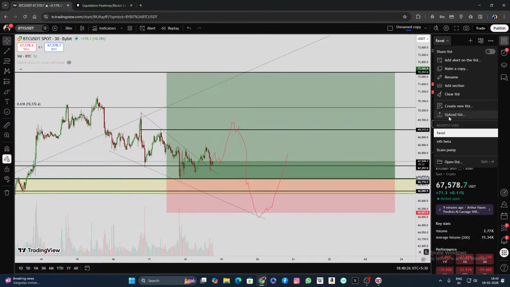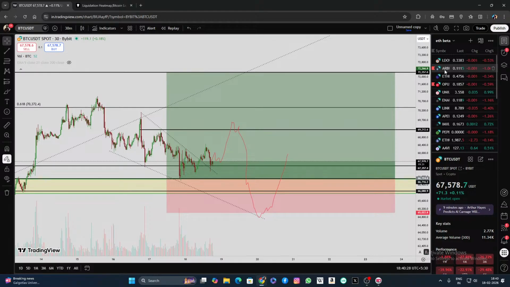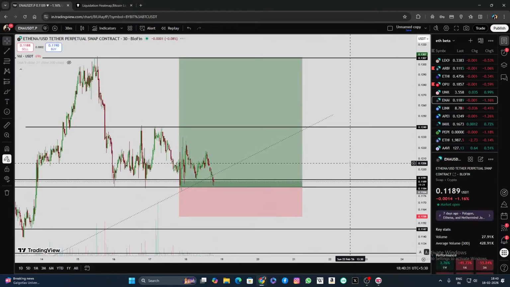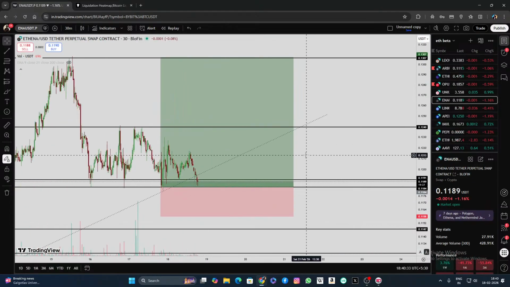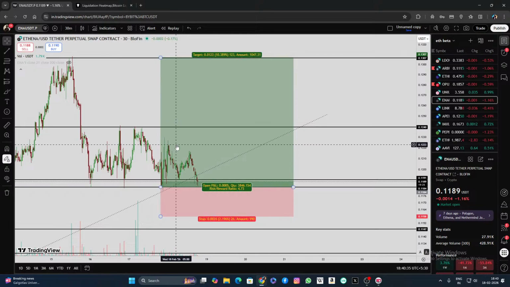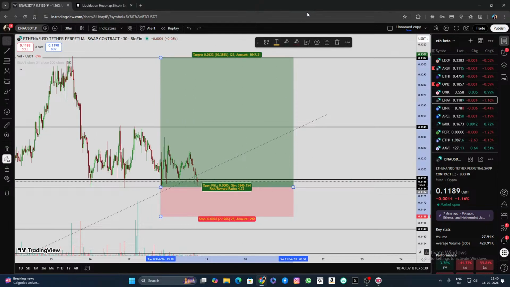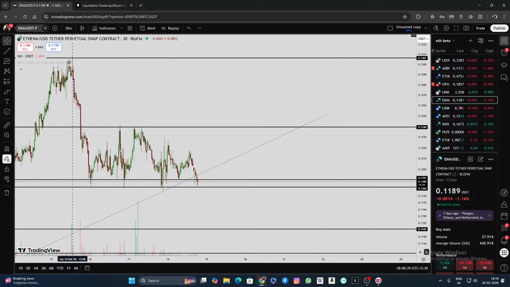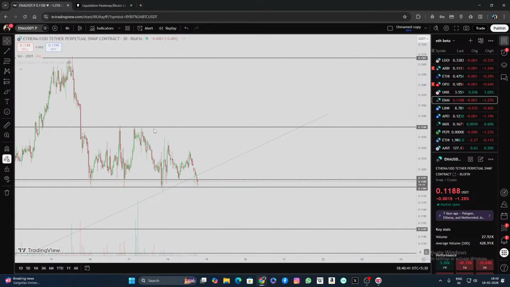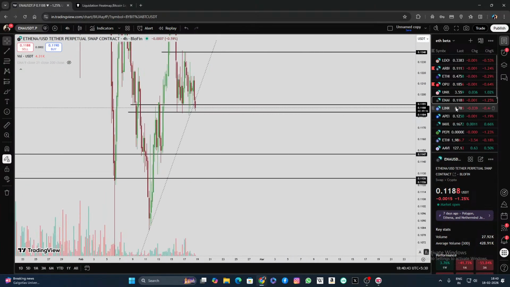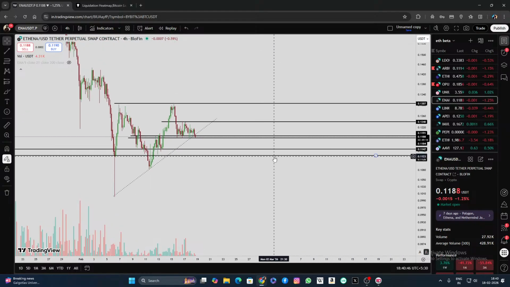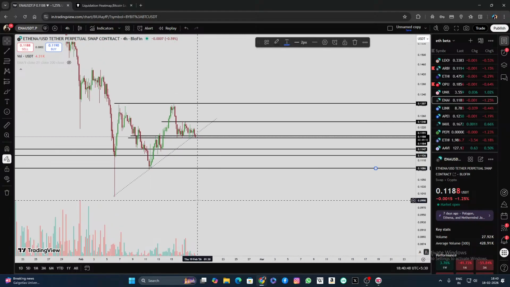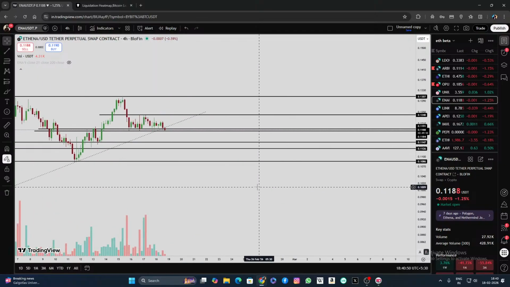And let's check on the ENA setup I had yesterday. ENA already took TP1 around here and now it's back to entry. Also it broke the trend line. Let me check in the 4 hour. Yeah, it broke the trend line around here.